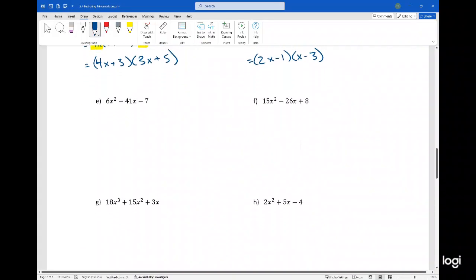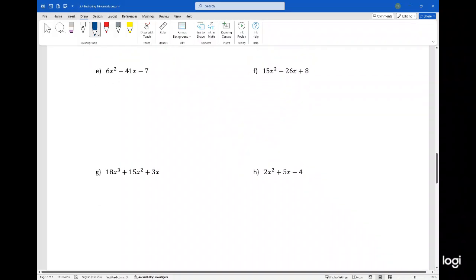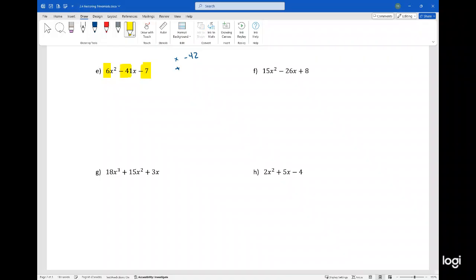All right. Next one. Two numbers that multiply to -42 and add to -41. And that would be -42 and +1. That should work.